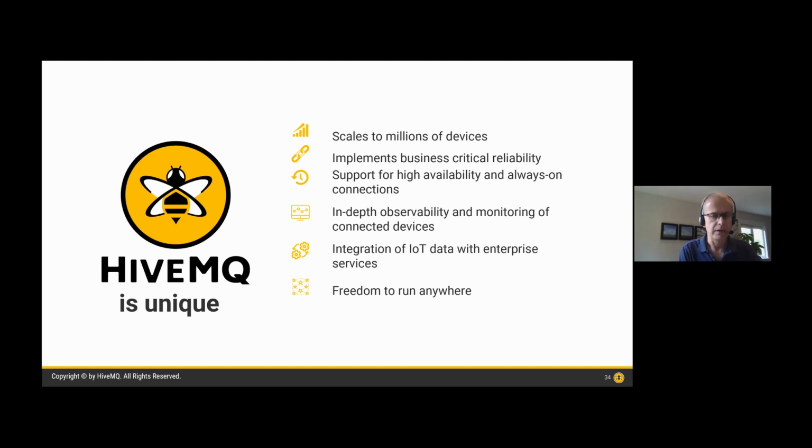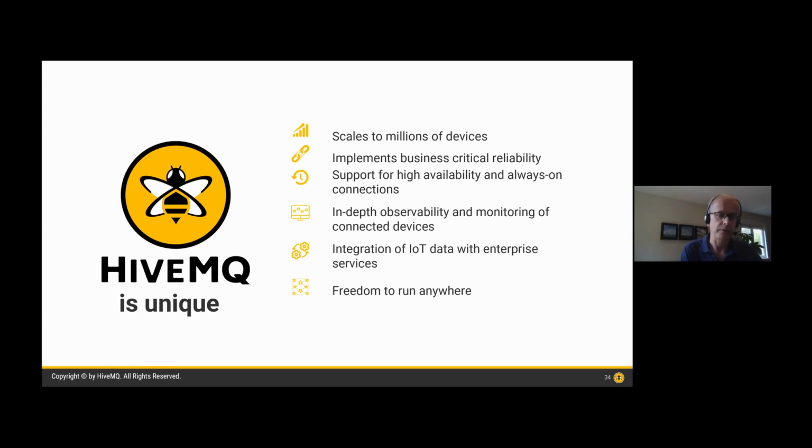We also provide, as we said, a control center or dashboard that provides a very detailed level of observability. If you've deployed a number of MQTT clients out into your factories, or if you're doing remote asset management, and one of those clients is not behaving properly, how do we provide the tooling so you can troubleshoot and diagnose what's going on with those clients?